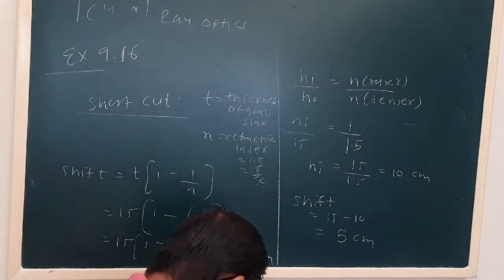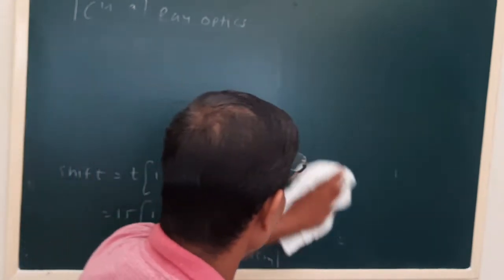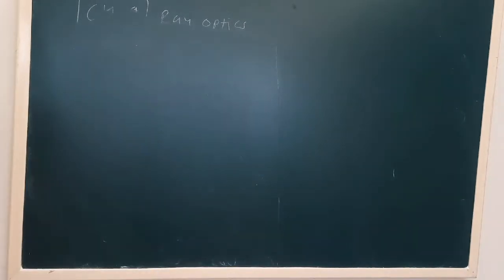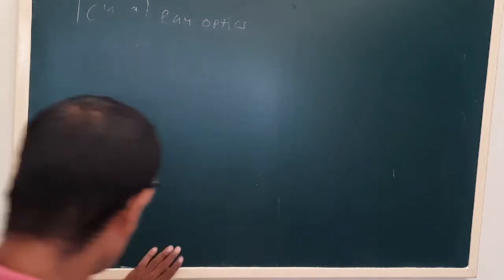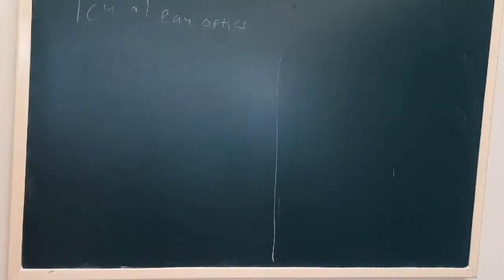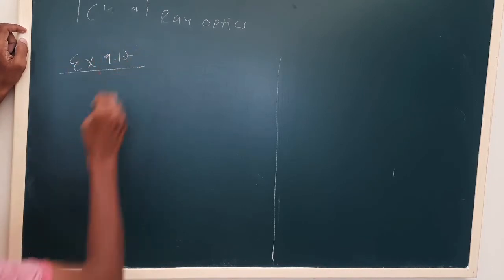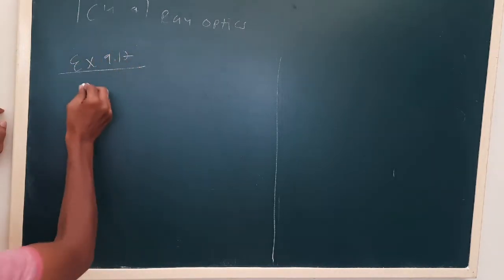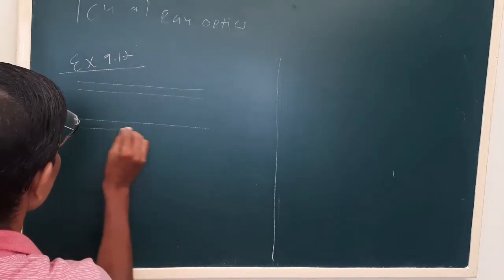Now our next question is related to optical fiber. Optical fiber, as we have discussed, works on the principle of total internal reflection. It is a good application of total internal reflection. Now see, that is our exercise problem. An optical fiber is like this.